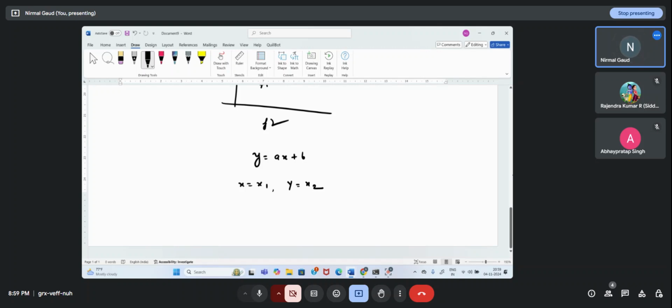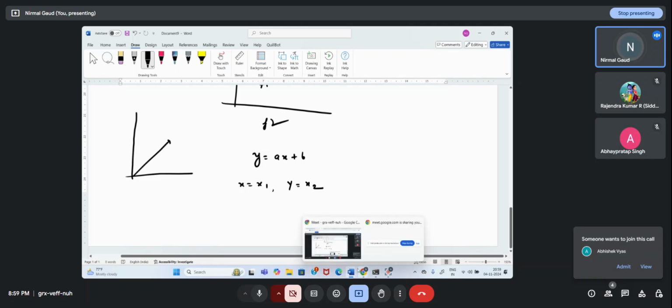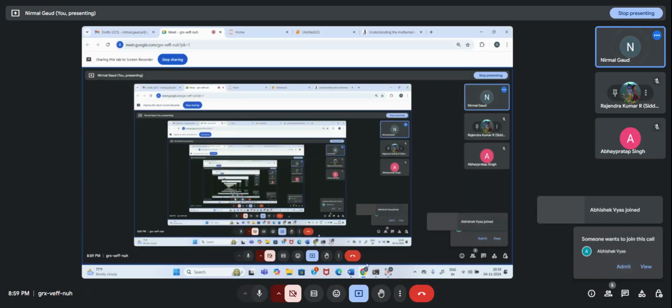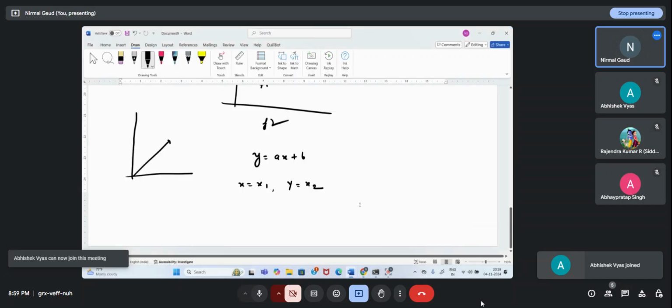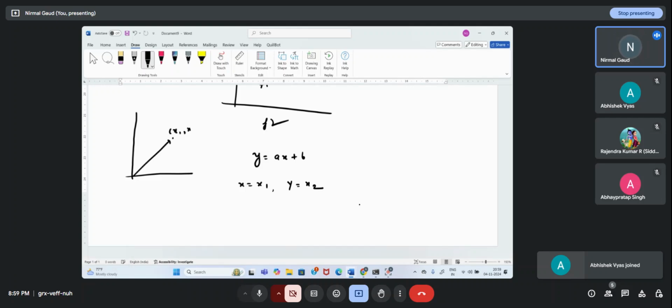Just think of a line, this line. We have already learned about a vector. There we are having x1 and x2 for a point, the coordinates.